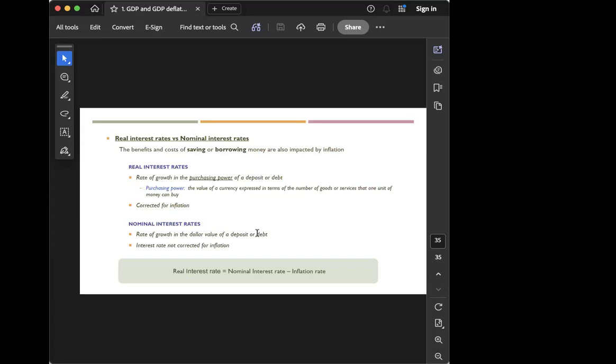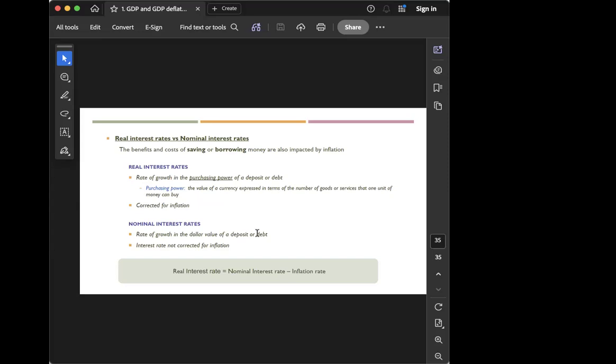Lastly, we're going to connect inflation to interest rates. Inflation affects the benefits and cost of saving and borrowing money, which is why we connect the real interest rate and the nominal interest rate to the inflation rate.